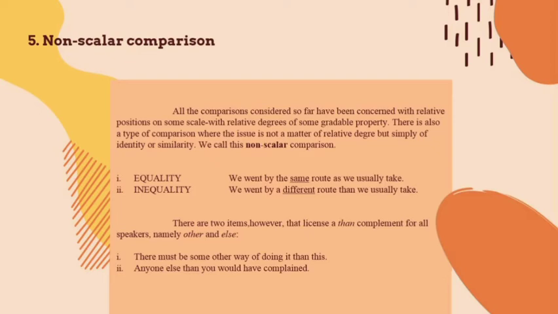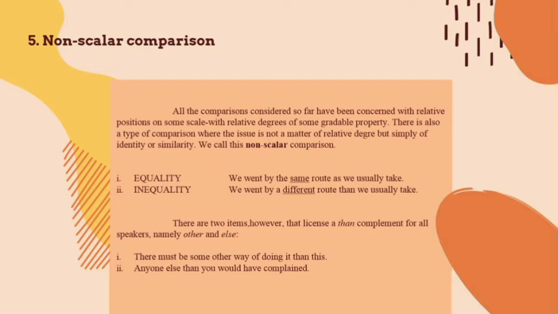The first example is equality: we went by the same road as we usually take. And the second example, inequality: we went by a different road than we usually take. The first example expresses identity and the second is non-identity.